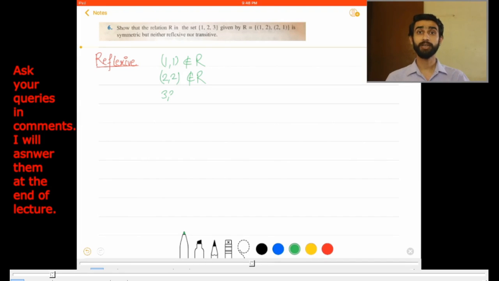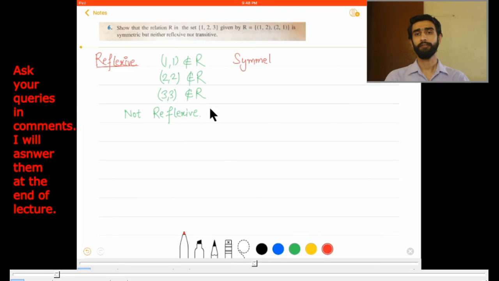If 2 is an element, then (2, 2) must be in it. But when you see R = {(1, 2), (2, 1)}, you will see that (1, 1) is not there, (2, 2) is not there, and (3, 3) is also not there. We need only one contradictory example, and there are 3. So this is not reflexive.